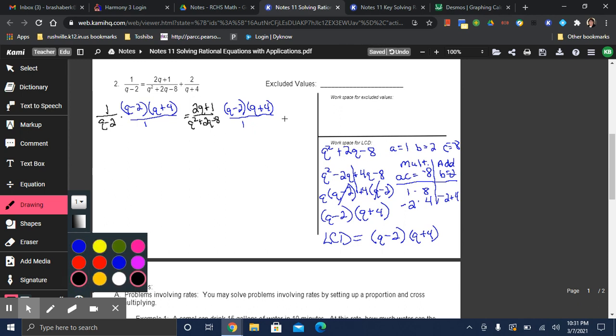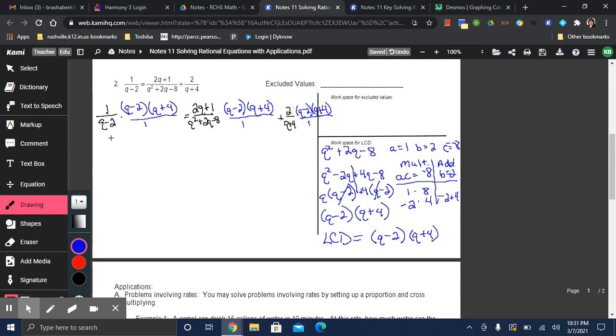And then my third fraction, I have a plus sign, and then 2 over q plus 4. I'm multiplying that by my common denominator again of q minus 2 and q plus 4 over 1.